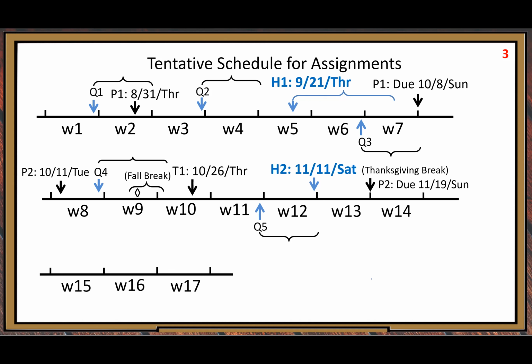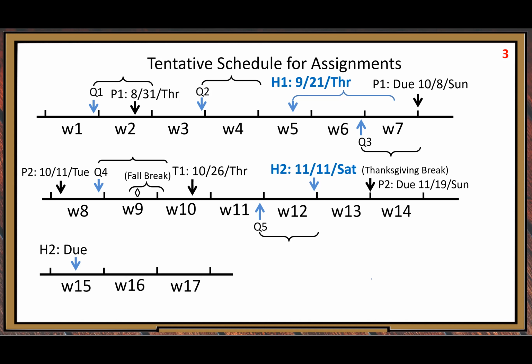And project 2 is due before the Thanksgiving break, since you have more than 5 weeks for project 2. Then homework assignment 2 is due after Thanksgiving break, in week number 15.